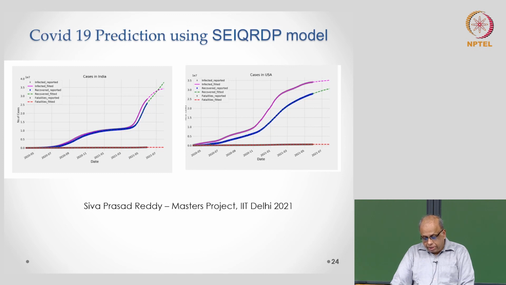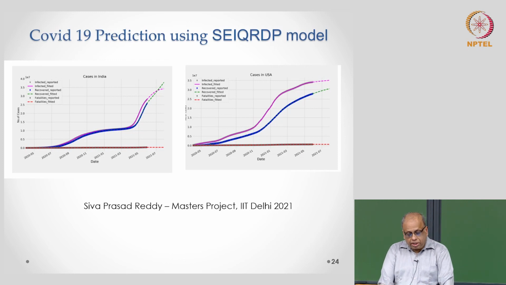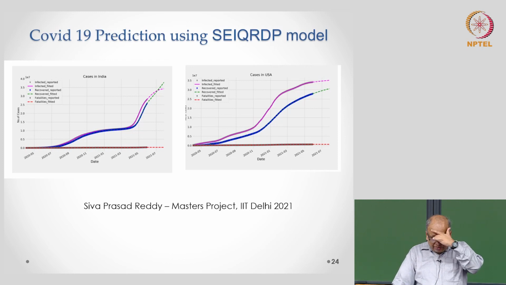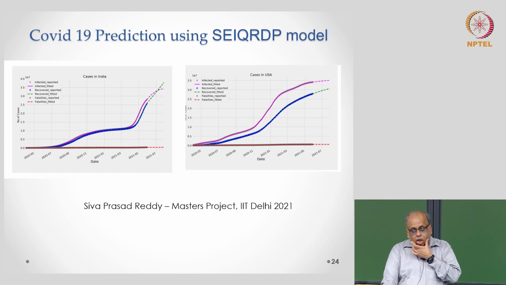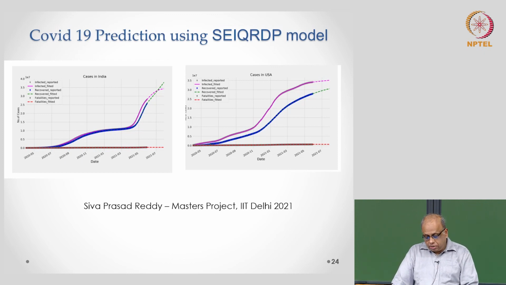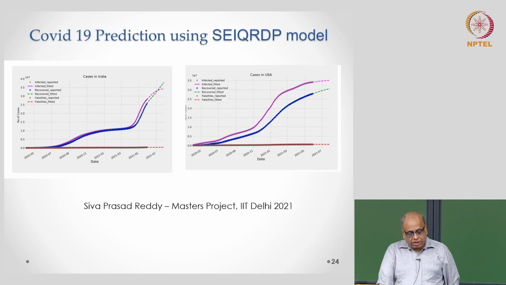And in many cases, this model was pretty good in predicting how the disease will go afterwards. So we used the data that we had to calculate the various parameters, and then we tried to predict going forward how the disease will go. So it was very interesting.